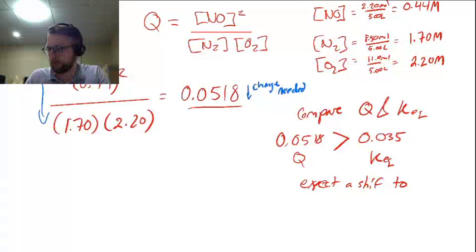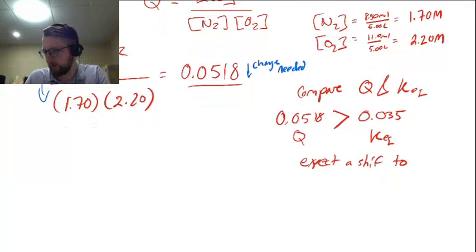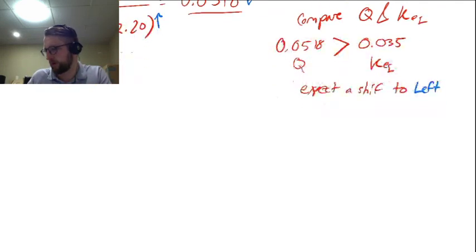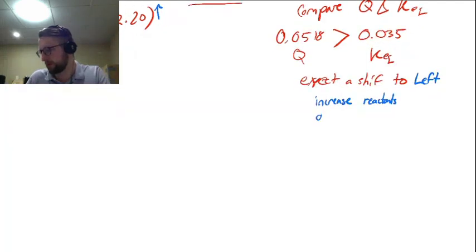And so that means we want this to come down, and we want these numbers to go up. And so that means that we are expecting a shift to the left. We want an increase in reactants, decrease in product.